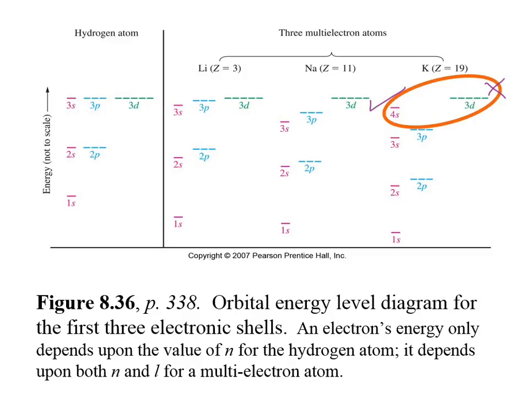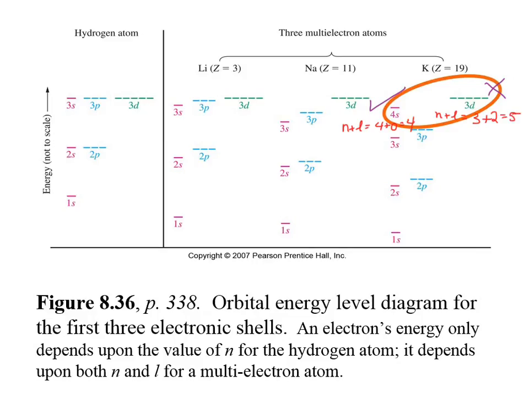The n plus l value for 4s is equal to 4 plus 0, right? We good with that? Well, what's the n plus l value for 3d? 3 plus, help me out, l must be 2. Yep, 3 plus 2 is equal to 5.